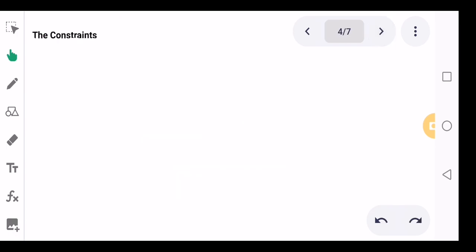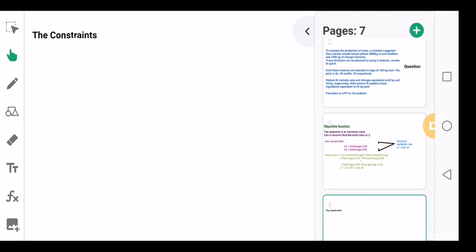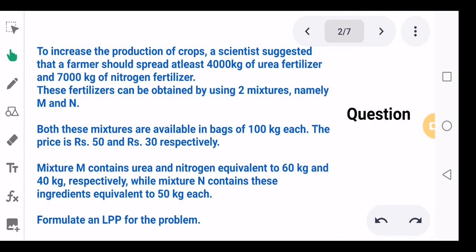Next is the constraint. As we saw previously, the same thing repeats: constraint. Now what are the constraints here? This is a constraint: it can't be less than 4,000, it has to be 4,000 or above. So this is the constraint. It can't be less than 7,000, it has to be 7,000 or more. So in case of urea it is 4000, in case of nitrogen it is 7000.